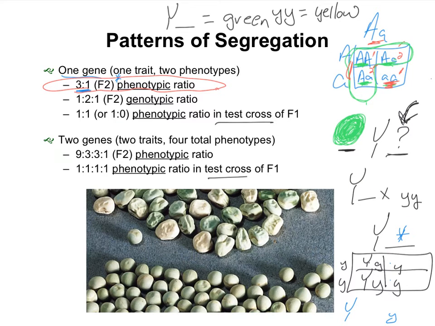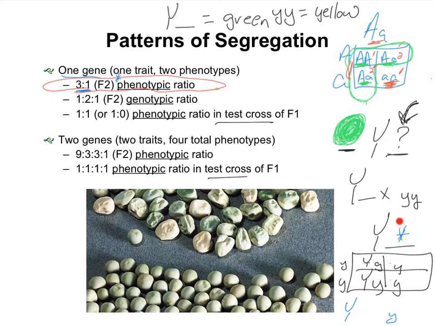All right. So you either get 1-to-1 or 1-to-0. If this was heterozygous, you'd get 1-to-1. You'd get 2 yellows to 2 greens. That's 2-to-2, but reduce it, it's 1-to-1.